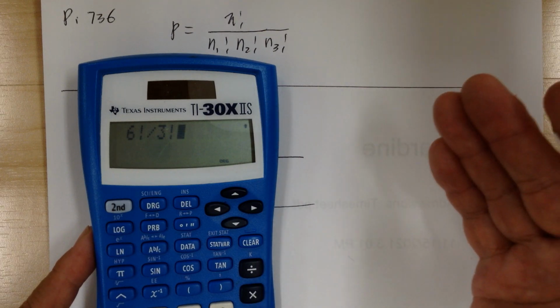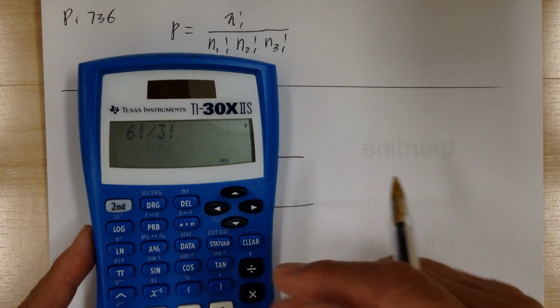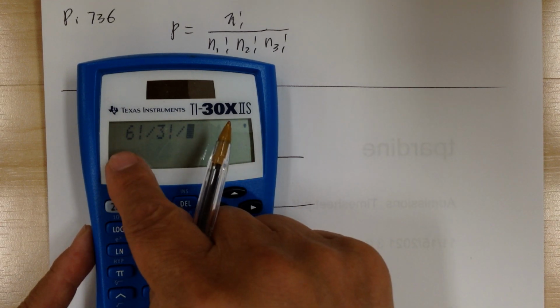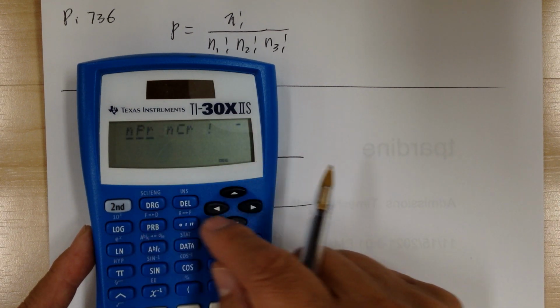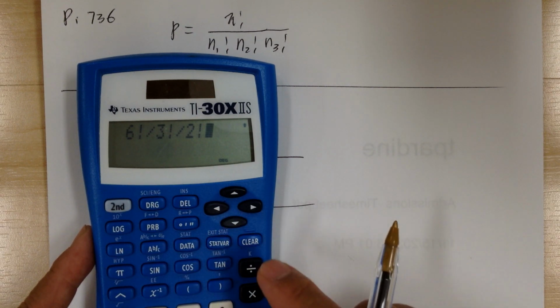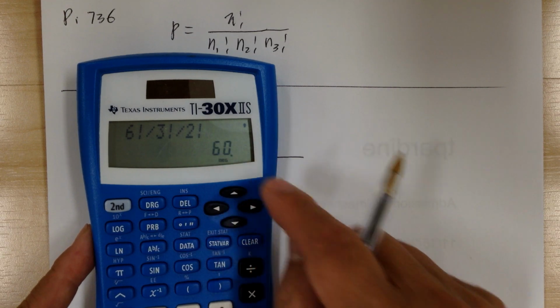Now do not multiply. Everything in the denominator you have to divide. So you have to push divide again. So you divide by 3 factorial, then you divide by 2 factorial. And then you push equal. So again, for the calculator, everything in the denominator you have to divide. And the answer is equal to 60.